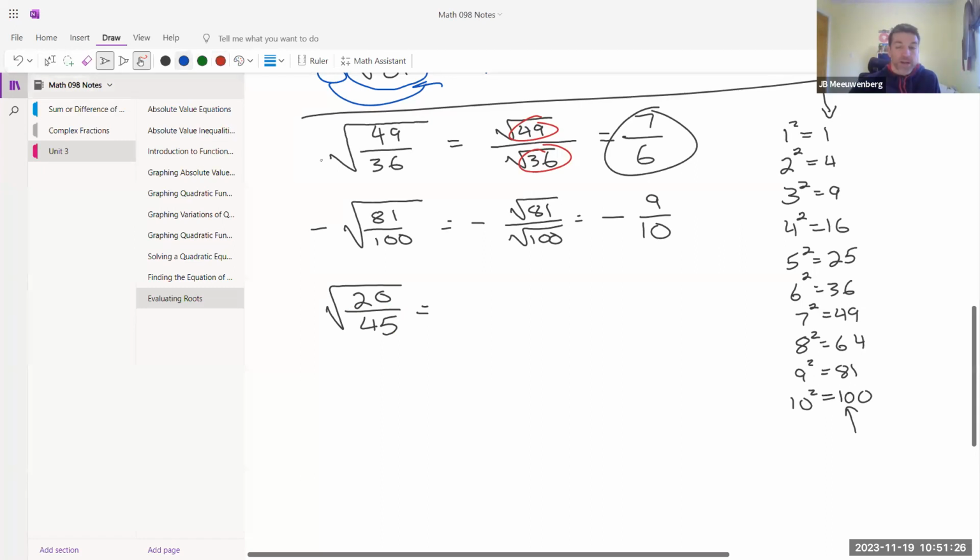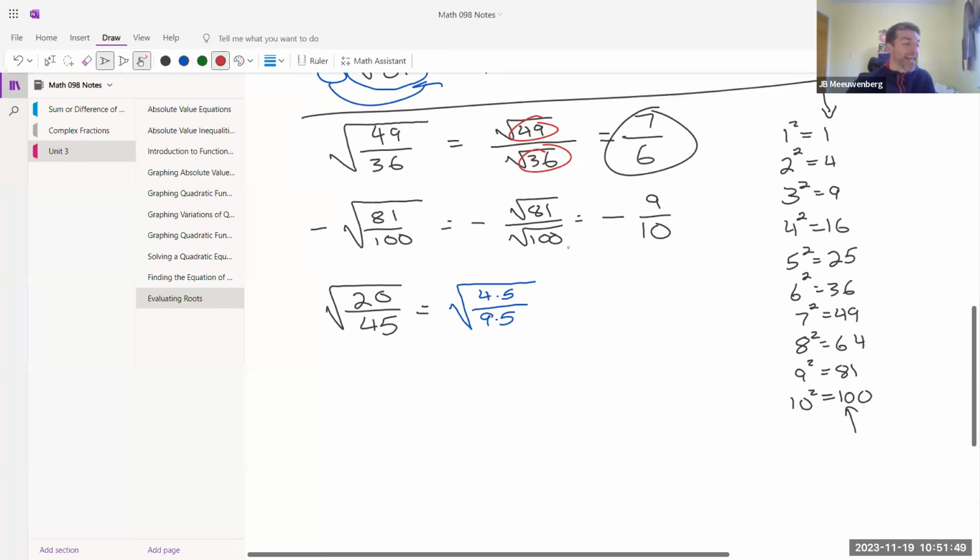Maybe you even tried it on your calculator. But what you might notice is that 20 and 45 have a common factor, right? Those are reducible. You might be looking at that thinking, can I think about 20 as 4 times 5 and 45 as 9 times 5?